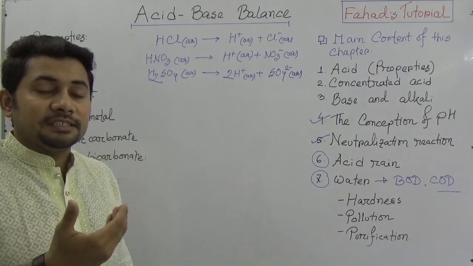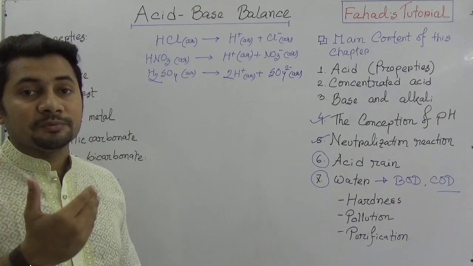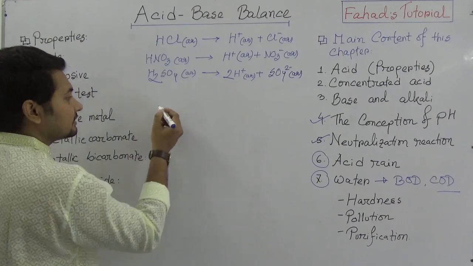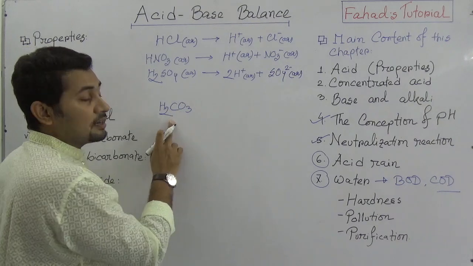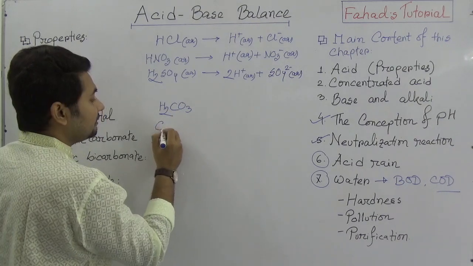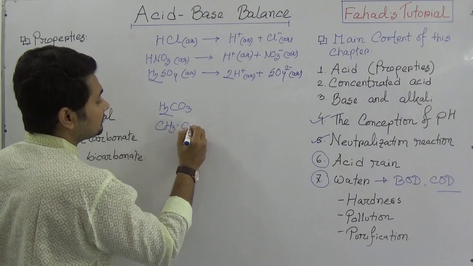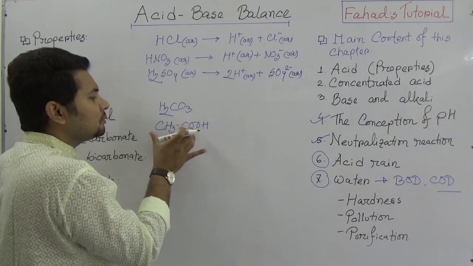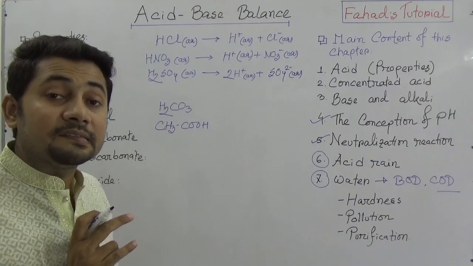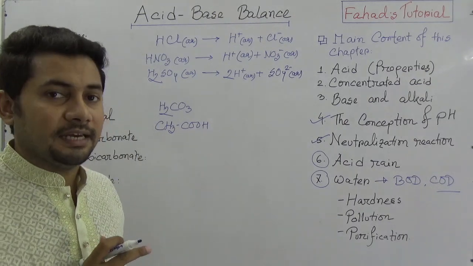So the activity of these acids is much higher than some other acids, like carbonic acid, or CH3COOH, a very well known and widely used acid. This is ethanoic acid or acetic acid.